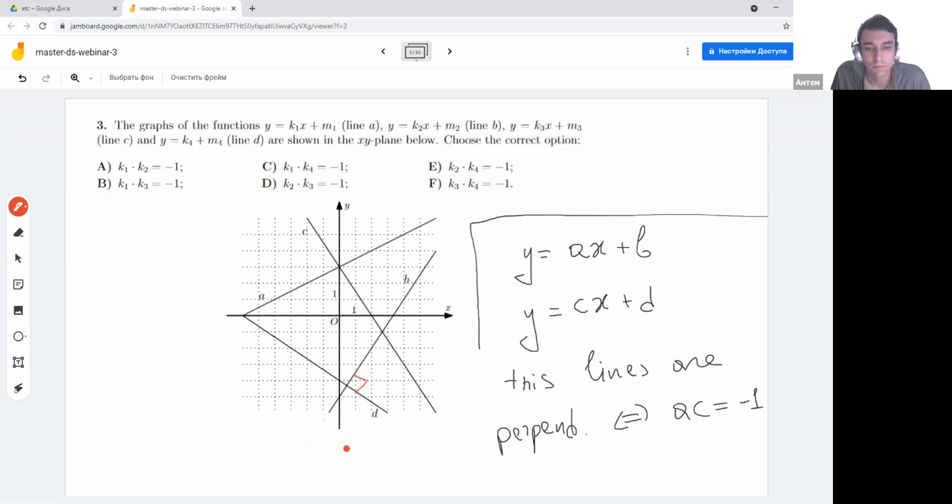It's 90 degrees, or pi divided by 2. K2 refers to this line, K4 refers to this line, hence their product must be equal to -1, and we have the answer E here. So I'll just circle it and also write it.